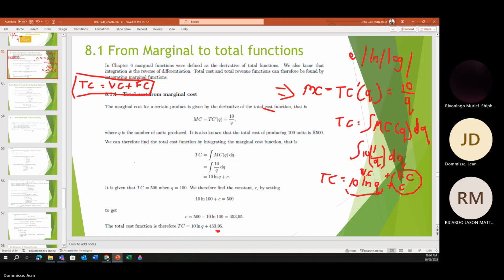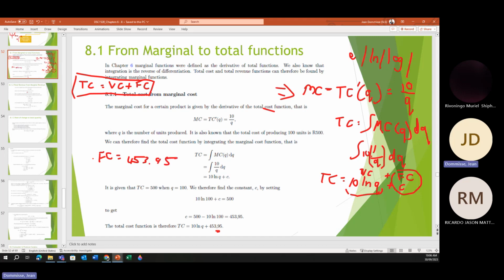So the 10 log to Q will be your variable cost, and your fixed cost will be the C. They tell you in this instance what your C will be. They can do it in two ways. They can physically tell you your fixed cost is 453.5 or 95.